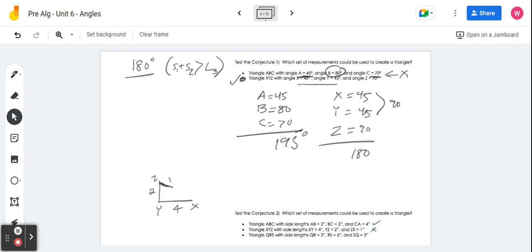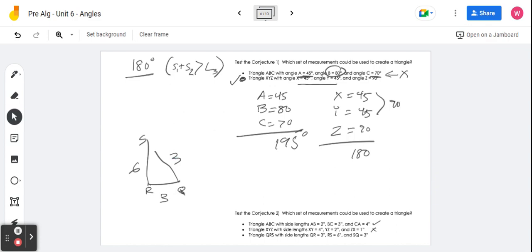And then what about the last one? QRS. QR is equal to 3 inches. RS is equal to 6 inches. And then SQ is equal to 3 inches as well. Is that possible?